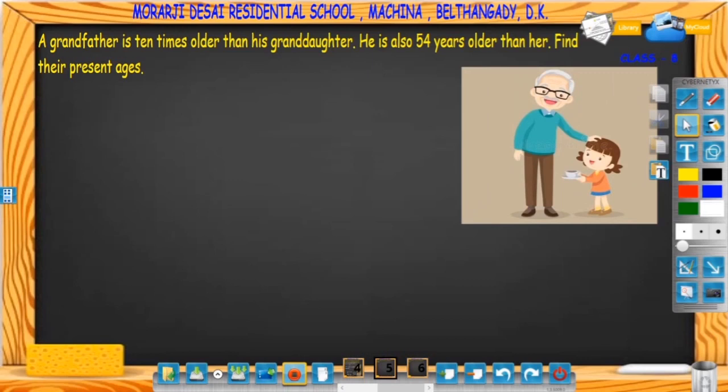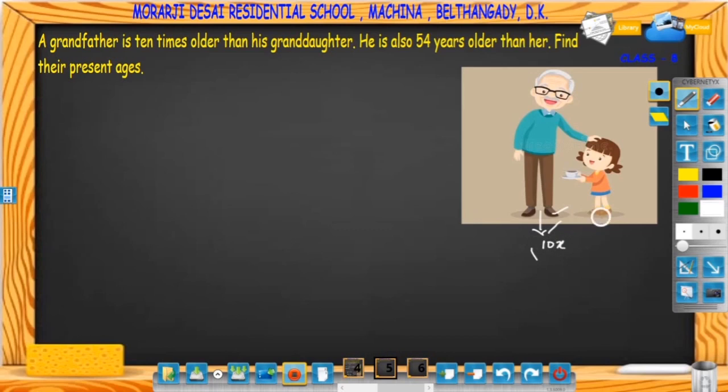Grandfather is 10 times older than granddaughter. Means what we have to take x here? Age of granddaughter we have to take x, so that age of grandfather becomes 10 times of x, that is 10x.